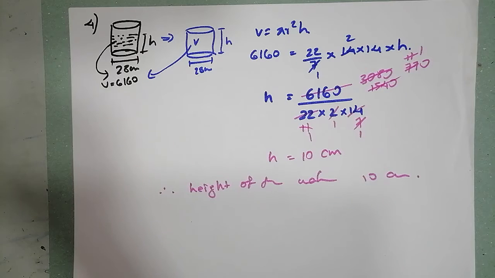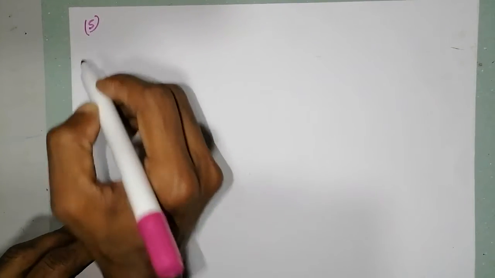For the fifth question we have a description, so we need to read it correctly, understand the terms, and understand what the question is. A rectangular metal sheet is of length 22 centimeter and breadth 11 centimeter.